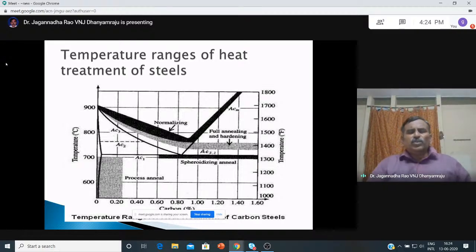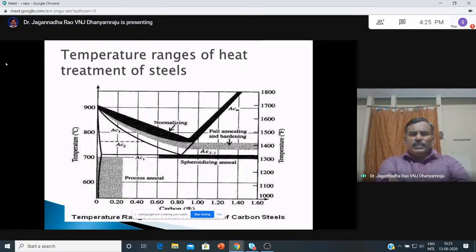See, when you take steel to the austenitizing temperature, everything will become austenite. And austenite is gamma iron. And you know, the packing factor of gamma iron is 0.74. Now, according to equilibrium, after crossing the eutectoid temperature, it has to convert into BCC, body centered cubic structure, which is ferrite, which is a part of pearlite.